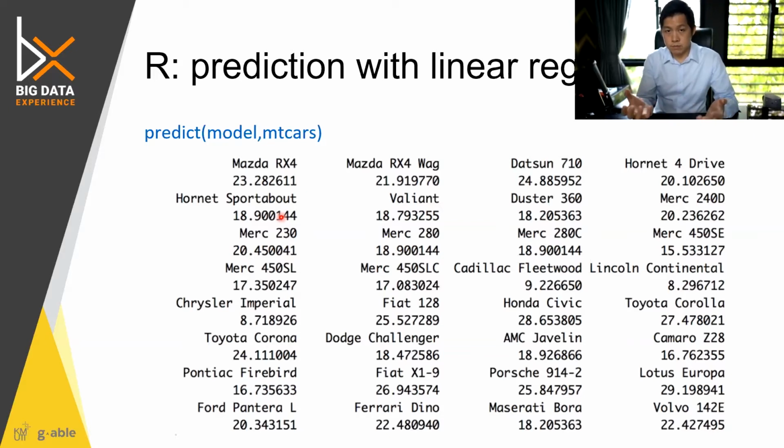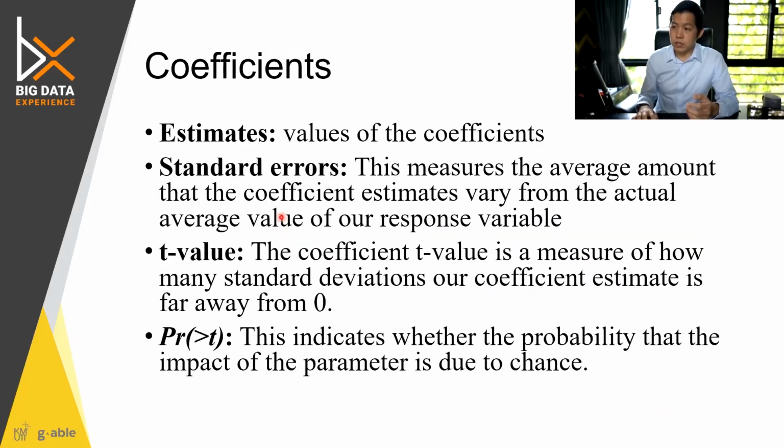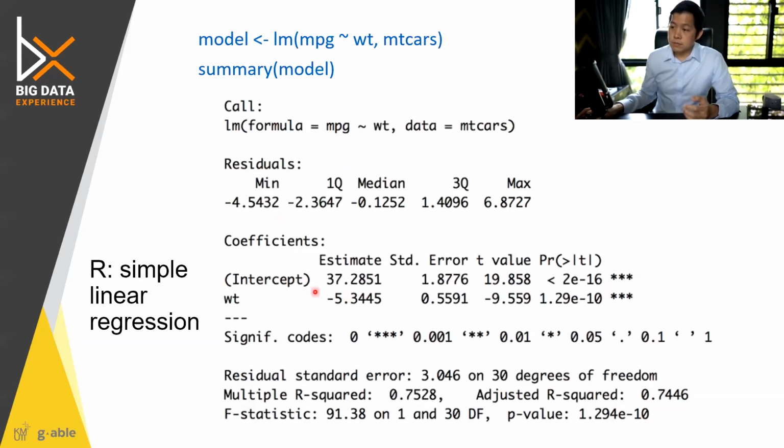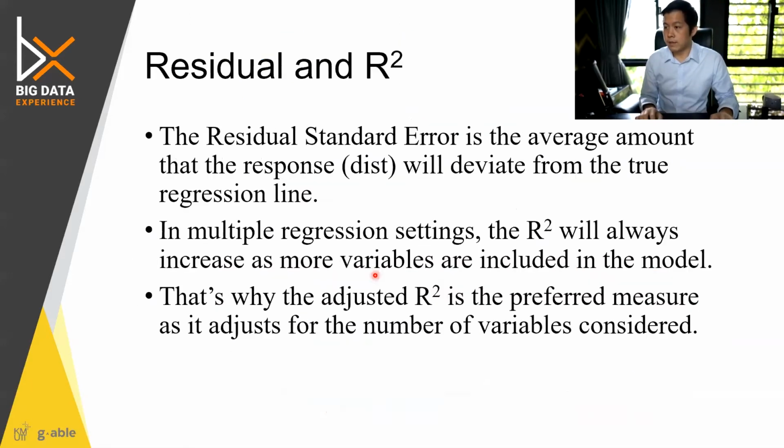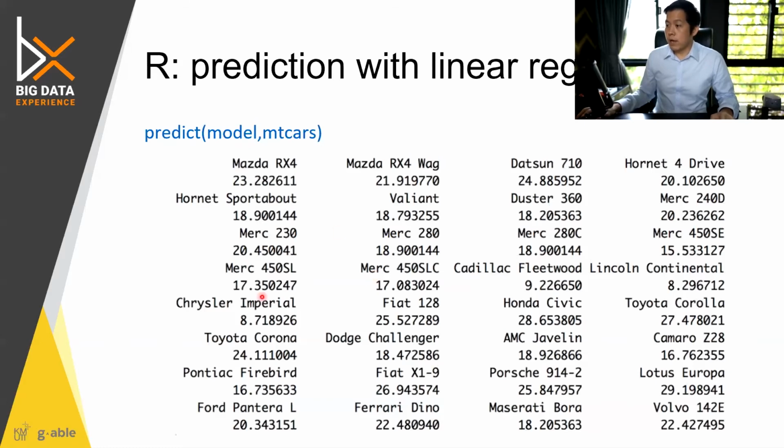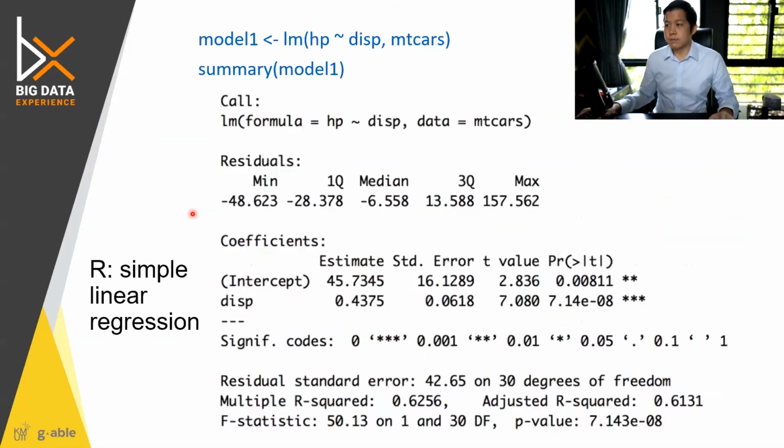MPG equals the coefficient, minus 5.34, multiplied by x, which is WT, plus the intercept, and we get the prediction values out.